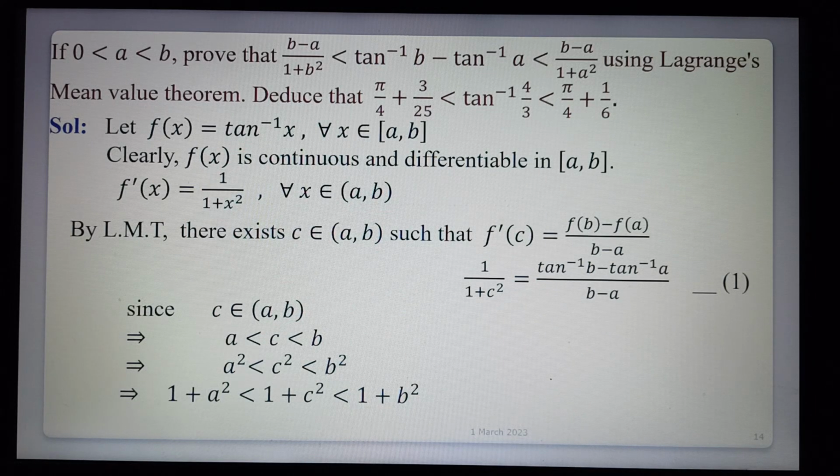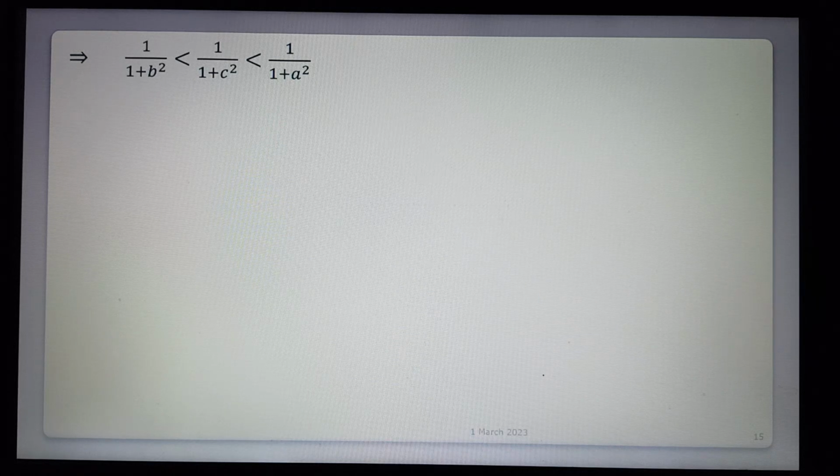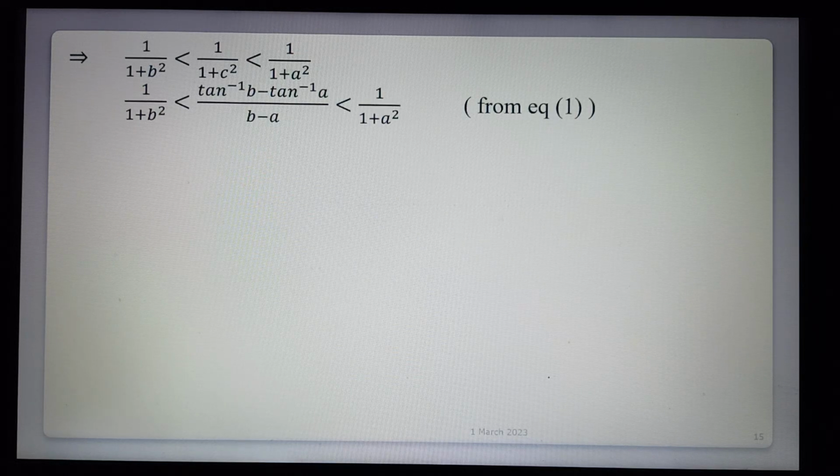Next, taking reciprocals: 1 by 1 plus b square less than 1 by 1 plus c square less than 1 by 1 plus a square. The signs are interchanged, so they change automatically.